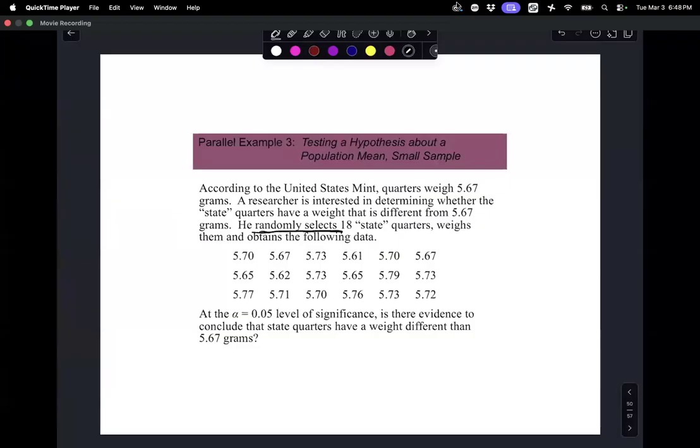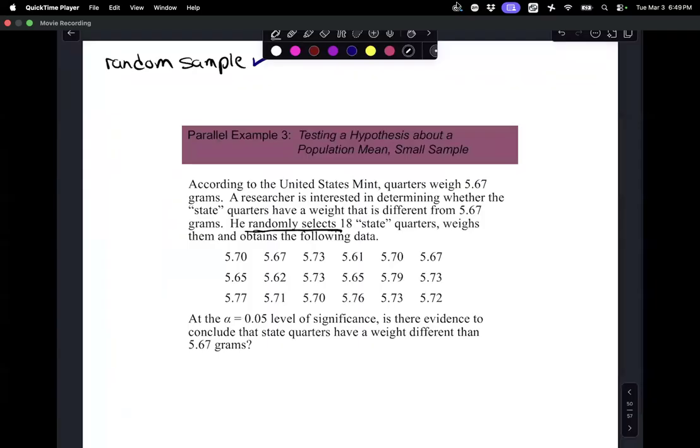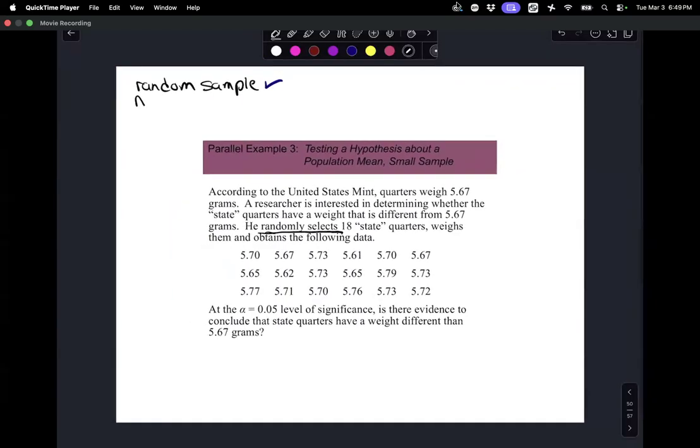Okay, the first thing we're going to do, yes, random sample. I'm going to put a check mark because check marks make me happy. All right, next, because our sample size is less than 30, we're going to assume normal. 3, 6, 9, 12, 15, 18, yep. Okay, assume normal.